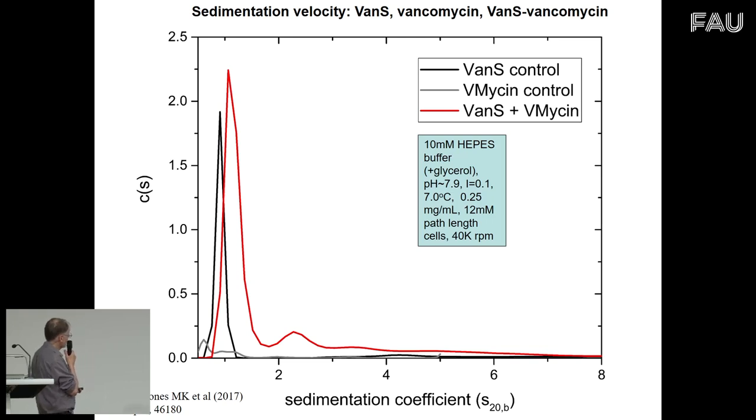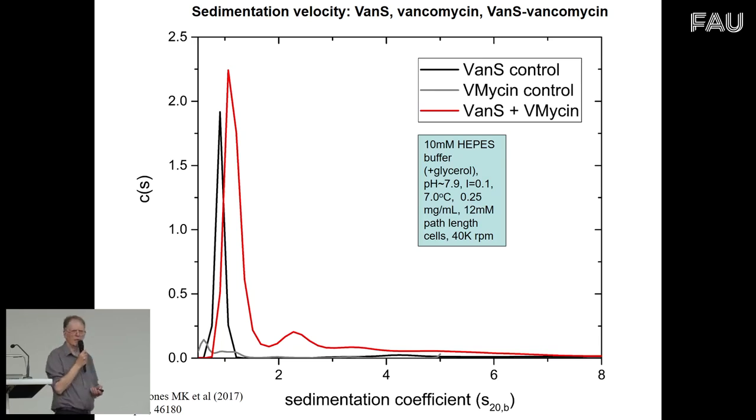Now, with sedimentation velocity of Van S and Van S in the presence of vancomycin, this gets interesting. Again, this is in aqueous solvent. So the black profile is Van S by itself, with a noticeably low sedimentation coefficient.